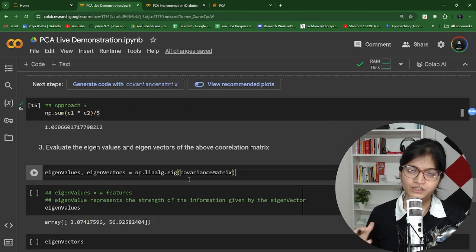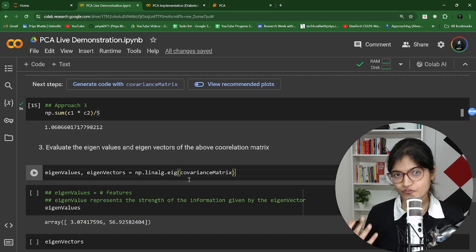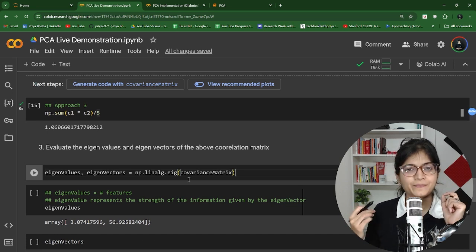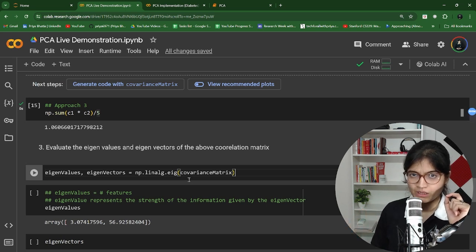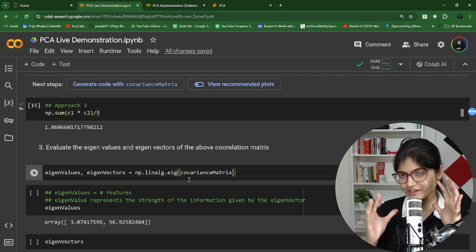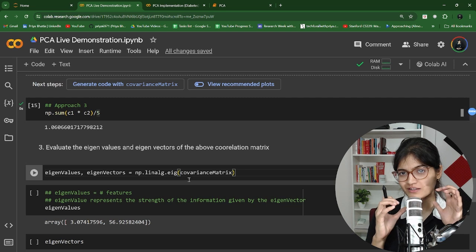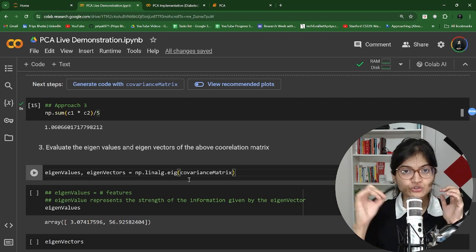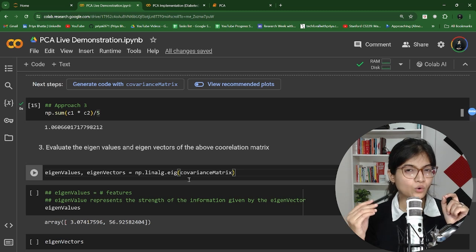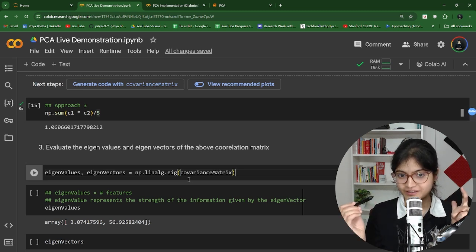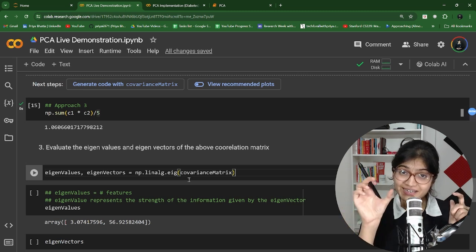Now, let's move to the third step in the evaluation of PCA. The third step is to evaluate the eigenvalues and eigenvectors. Now, why is that so? You have a covariance matrix, which basically represents to us how the 2 columns are correlated, and if they are correlated, what the exact scale-up values are.